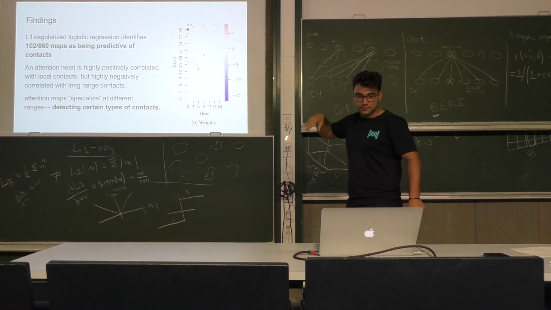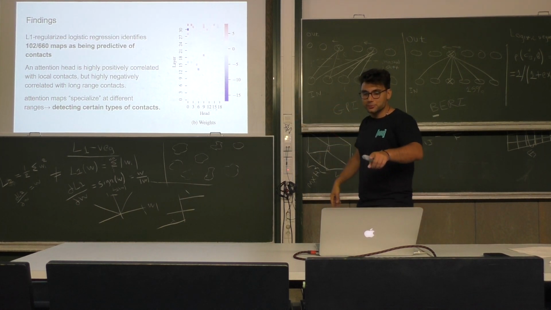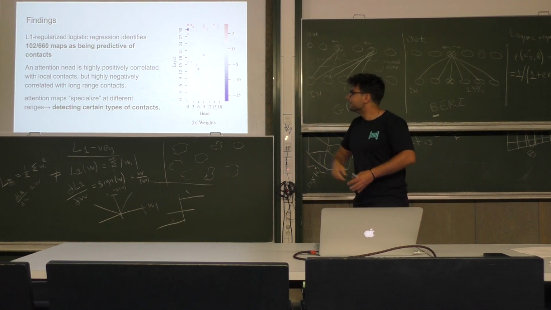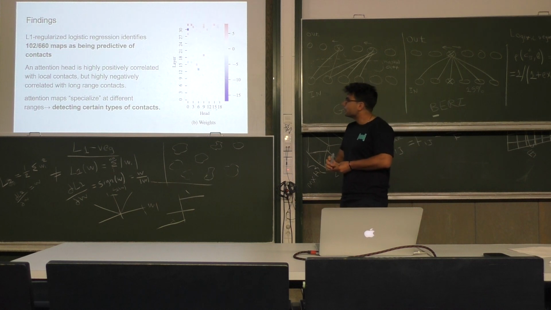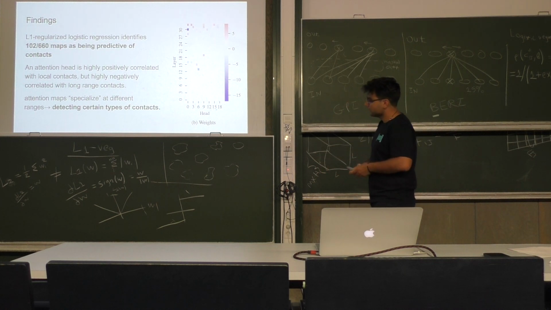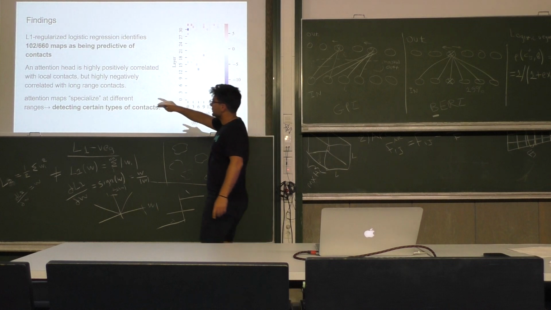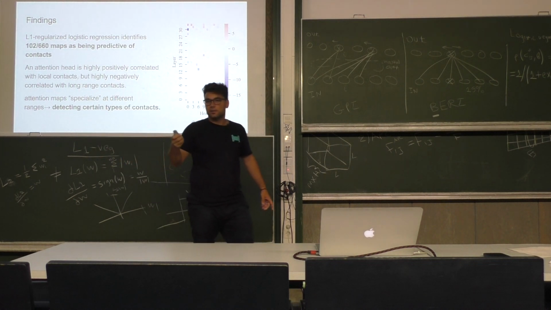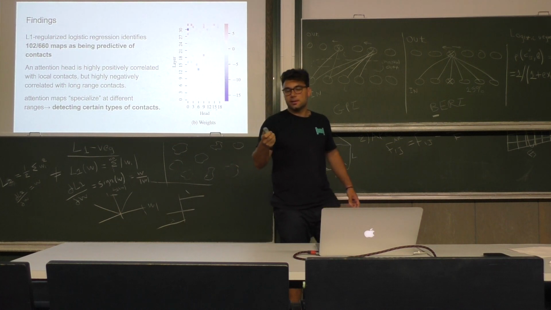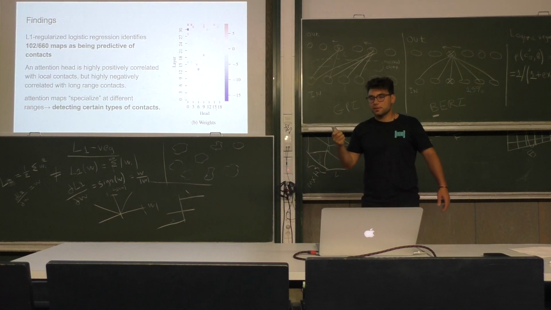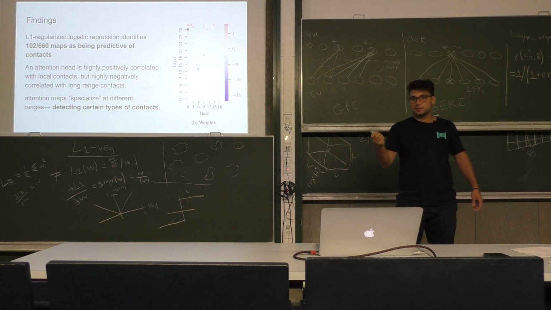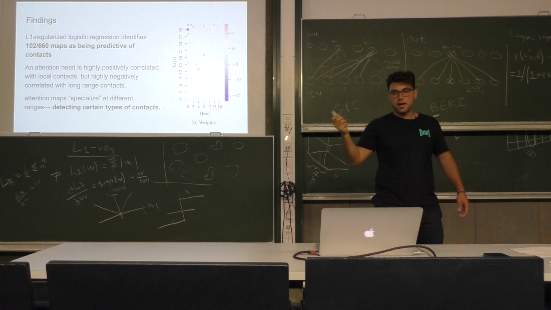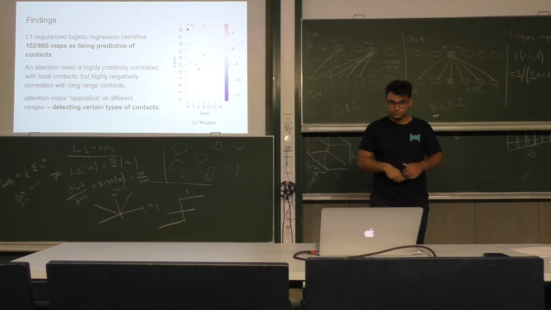Okay, I see that the same image on my computer, I can identify much more heads. But okay. Yeah, I also have the number. So only 102 out of 660 are the ones that they found by logistic regression that are contributing to contact prediction, and all the others can be discarded.